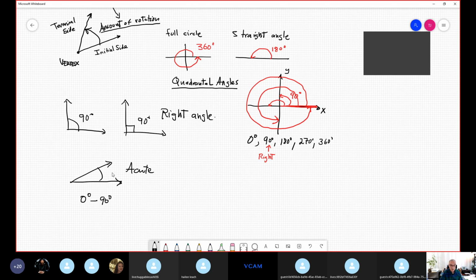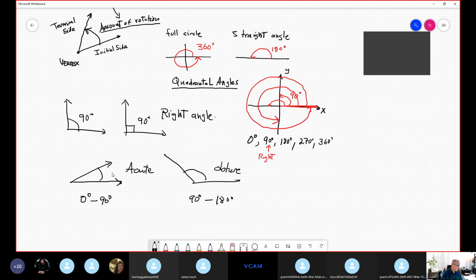Obtuse is when it's in between 90 degree and 180 degree. It's like that, a big one. This angle is obtuse. That's the classification: full circle, semicircle, right angle, acute, and obtuse.